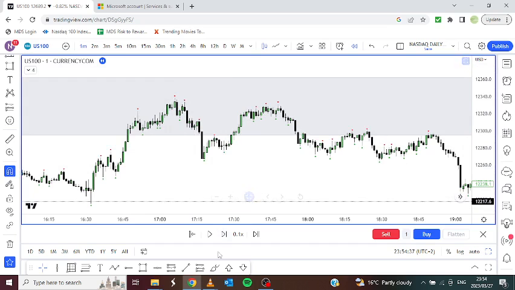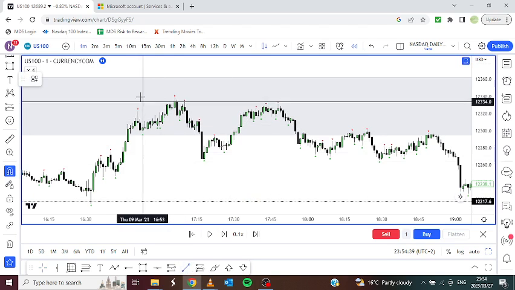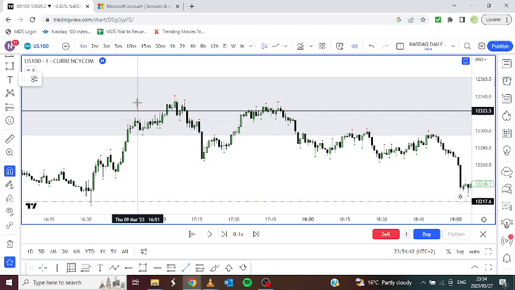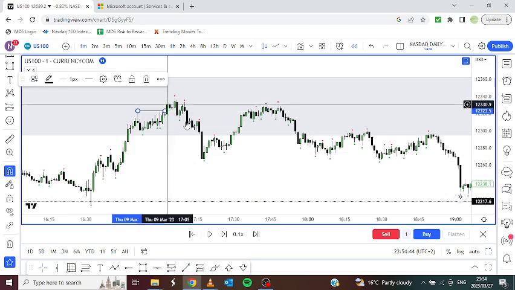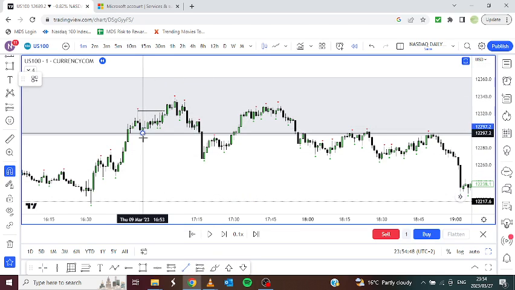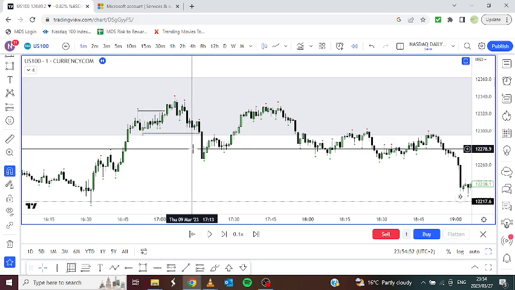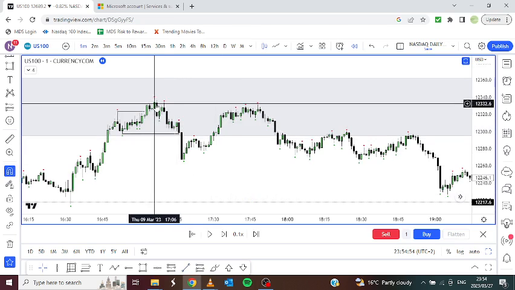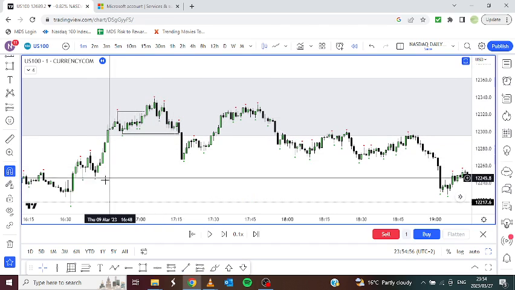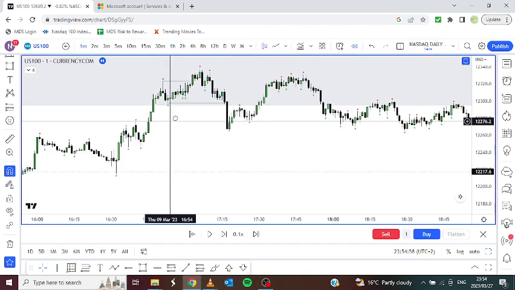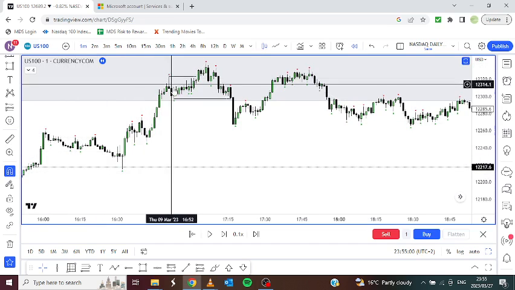So here we have a sweep, so break of structure to the upside, and then the low of that impulse is here, so this is a change of character. Okay, so now this is a bearish impulsive move. So when we're coming into this POI, structure is still bullish coming up here.